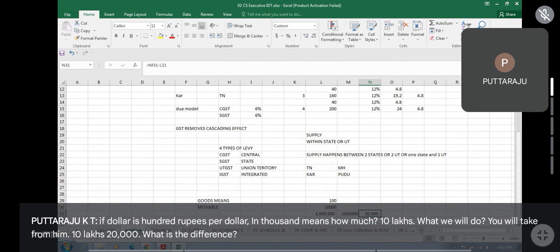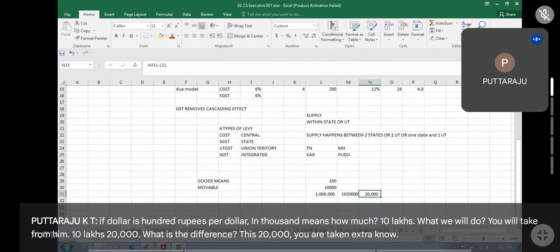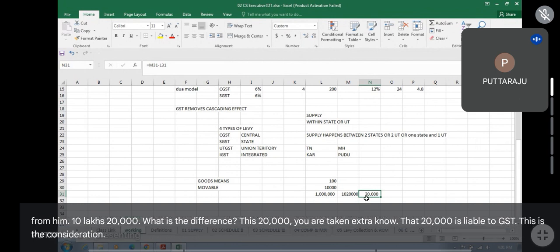This 20,000 you have taken extra, no? That 20,000 is liable to GST. This is the consideration you are receiving for exchanging the currency from one form to another form. Yes or no?